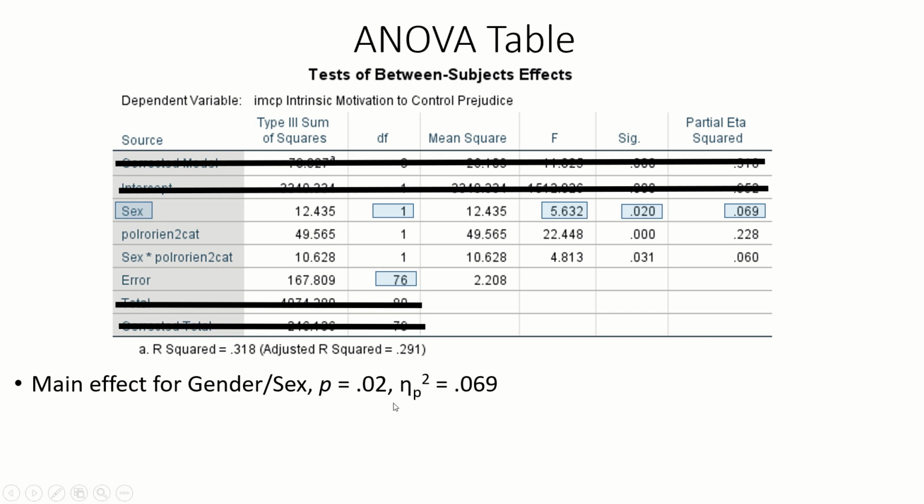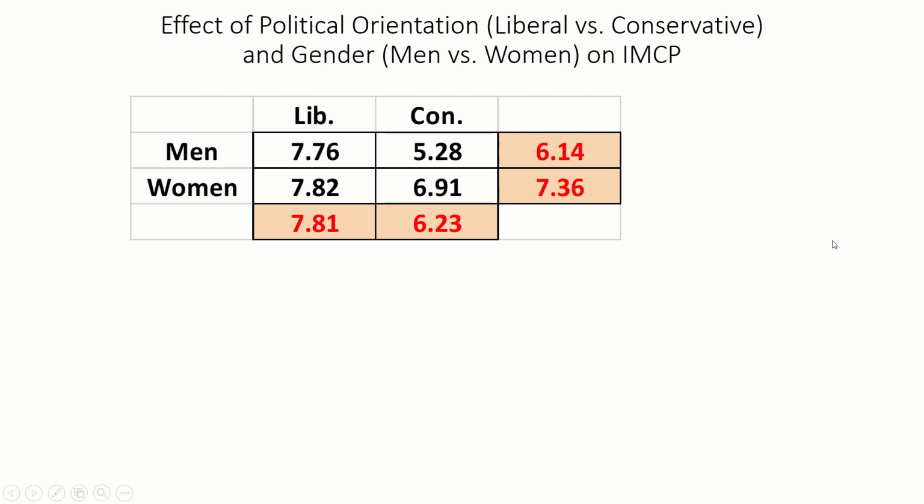And we can interpret the partial eta squared just as we did for the one-way ANOVA. So we can turn this into a percentage and say that gender is explaining 6.9% of the variability or differences in IMCP, intrinsic motivation to control prejudice. And so I believe that's a medium effect. And so if it's helpful, you can write right next to the marginal means for men and women here that we do have a significant main effect of gender, p-value 0.02, partial eta squared 0.069.